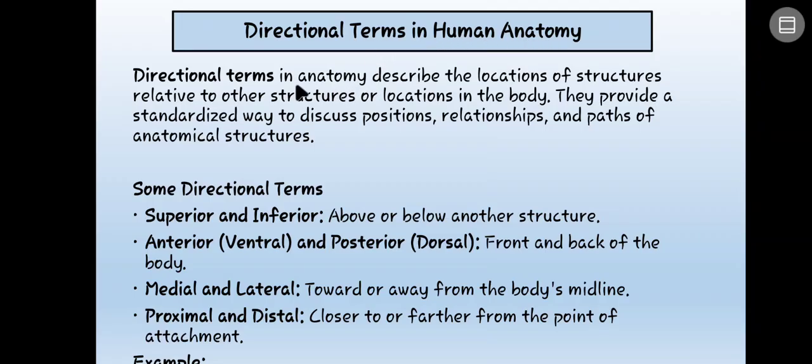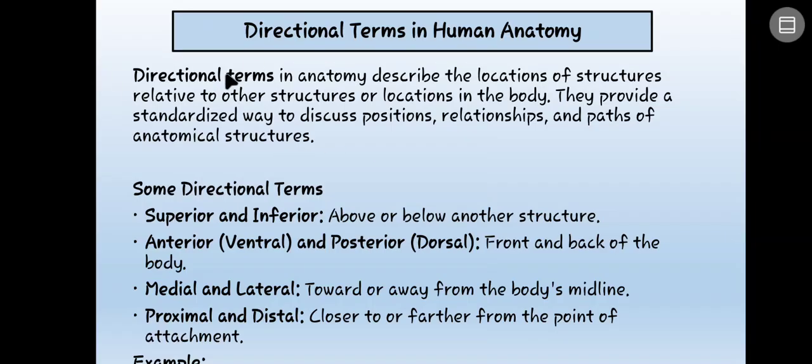Now when we say directional terms in anatomy, directional terms describe the location of structures relative to other structures or locations in the body. So when we say directional terms, we are trying to give the location of a particular structure or organ in the body relative to other structures.